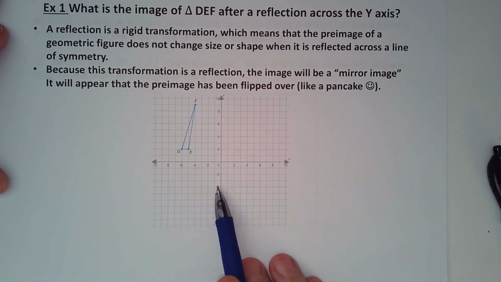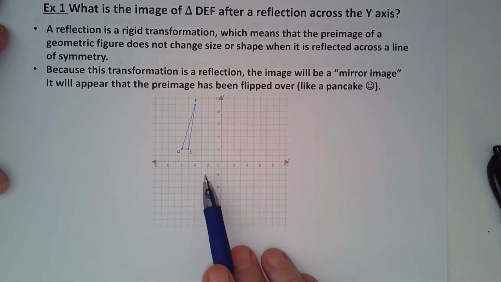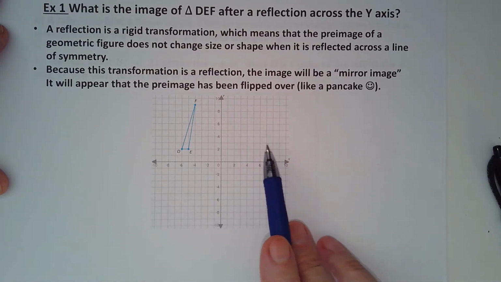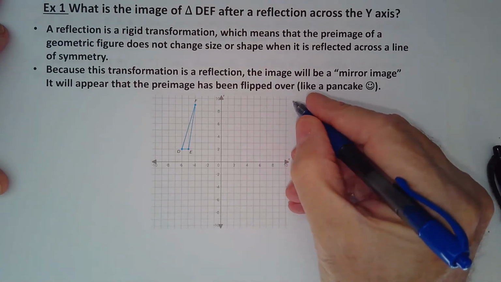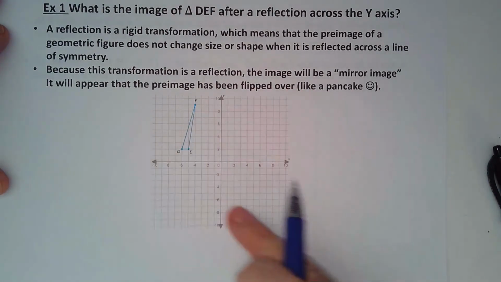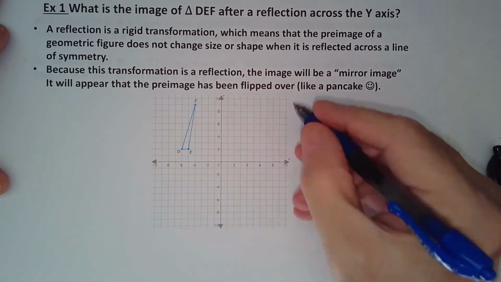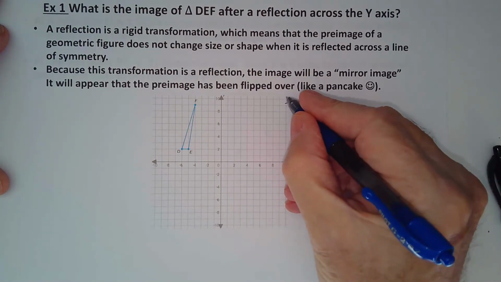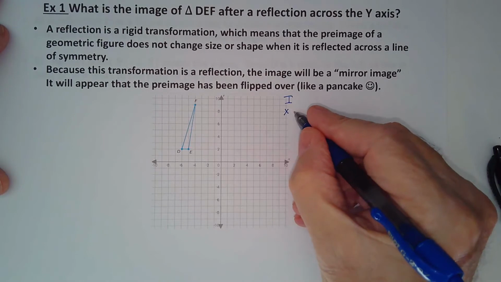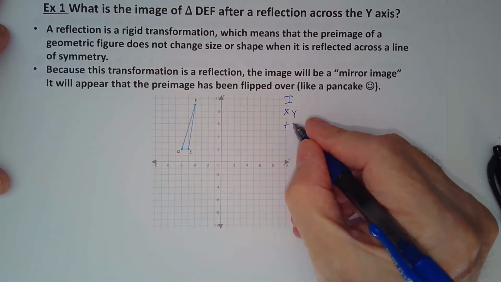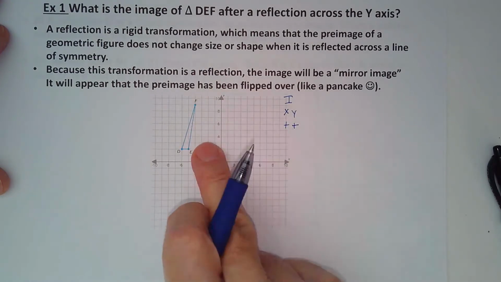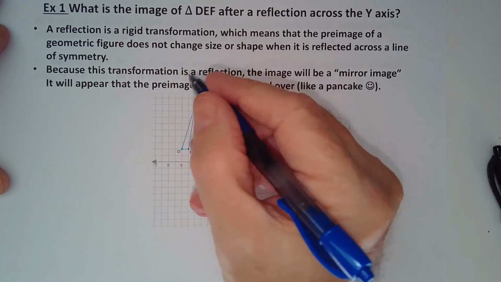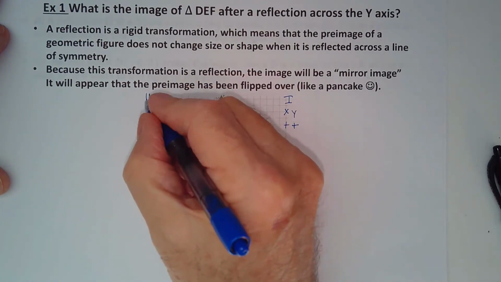When they say reflect across the y-axis, that means it has to go to the other side of the y-axis, over here. You have to remember that this XY coordinate chart is divided into 4 quadrants. Here's quadrant 1, where your X and Y coordinates are all positive. Over here where triangle DEF is located, this is quadrant 2.